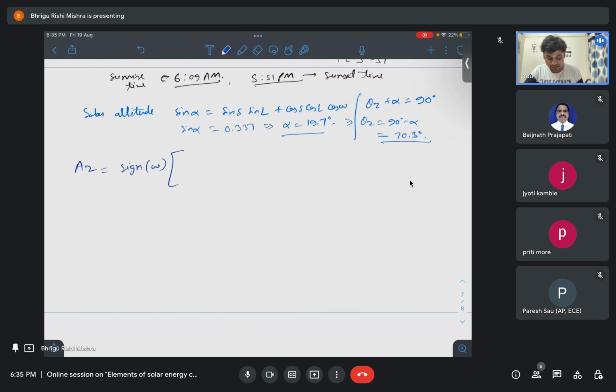We follow the same sign convention as omega for az, the solar azimuth angle. So az is sign of omega into cos inverse of cos theta z sine L minus sine delta divided by sine theta z and cos L.